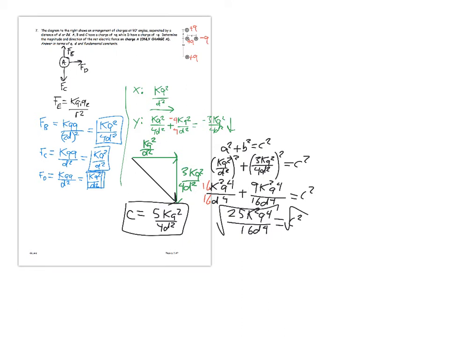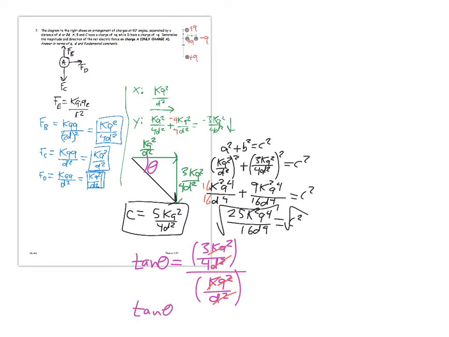The other thing we can do is solve for the angle, so I can say that tangent of that angle equals opposite, which is 3kQ squared over 4D squared, divided by adjacent, which is just going to be kQ squared over D squared. A lot of things actually cancel out here. And it ends up being that tangent of our angle is just equal to 3/4, and so our angle, when we take the inverse tangent of both sides, is going to be 37 degrees.